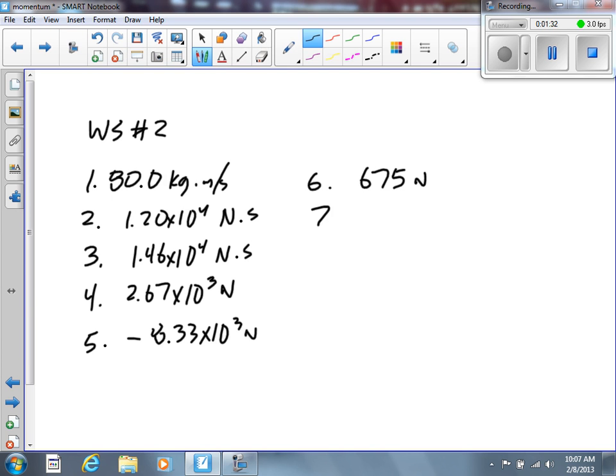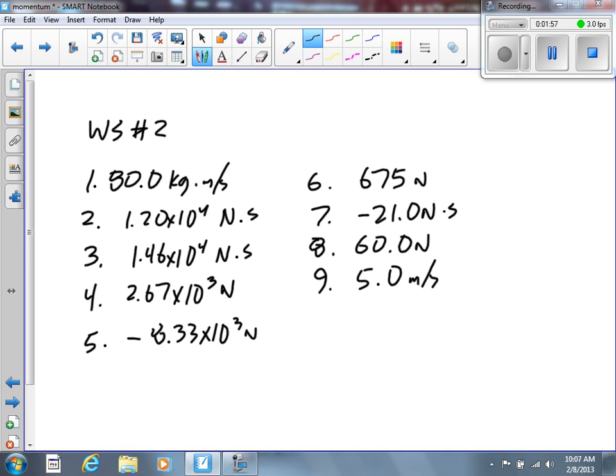Number 7, I got negative 21.0 Newton seconds. Number 8, I got positive 60.0 newtons. Number 9, I got a change in velocity of 5.0 meters per second.